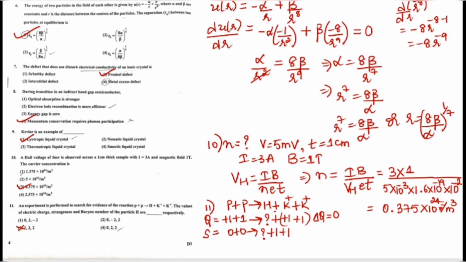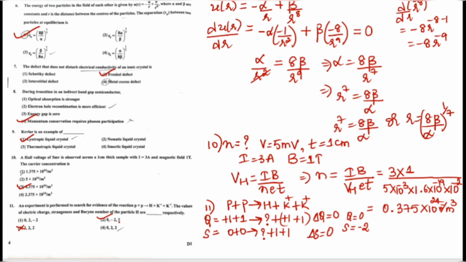If it is minus 2 only, we will get that delta S value to be equal to 0, or else it should be minus 1. If it is minus 1 also, we will get delta S equal to minus 1, but I see that minus 1 is not there in the option, so I'll go with the strangeness value for H to be minus 2, and we know that charge, I have explained here, it should be equal to 0. So 0 and minus 2, we have option 2 will be the right answer.